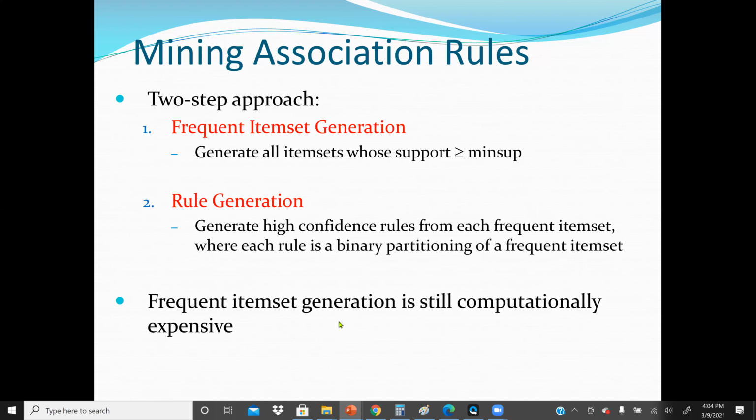Frequent item set generation is still computationally expensive. We need to generate all the item sets whose support is greater than or equal to the minimum support. Then we also need to generate high confidence rules from each frequent item set.